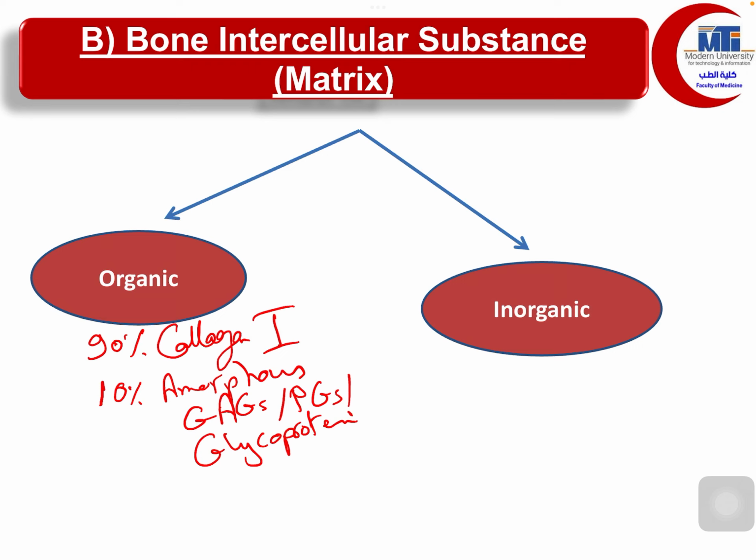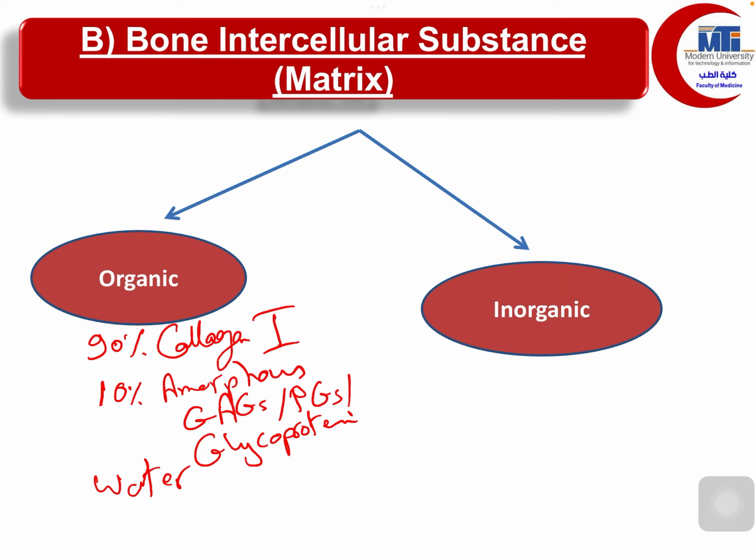But here its amount is significantly lower than the cartilage matrix, because we need the bone tissue to be very hard and not absorb water, so it does not become weak. So we need the bone matrix to become hard, so the amorphous substances are very low in its presence. And additionally, some water is also present, but also at a significantly lower value than the cartilage, to enable the hard substance of the bone.